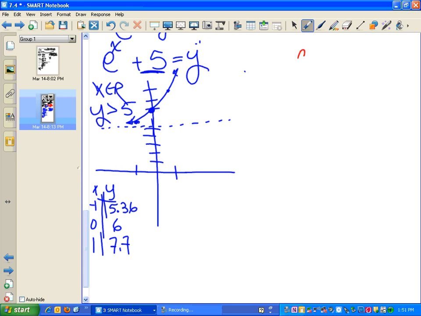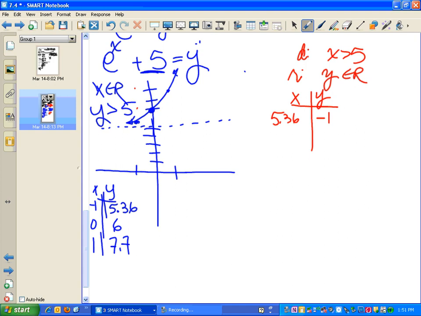So what is my domain? X is greater than 5. What's my range? Y is an element of the reals, because these flipped, right? And my chart that I want to use, because it's easy to generate in exponent form, has values 5.36, -1, and 6, 0, and 7.7, 1.